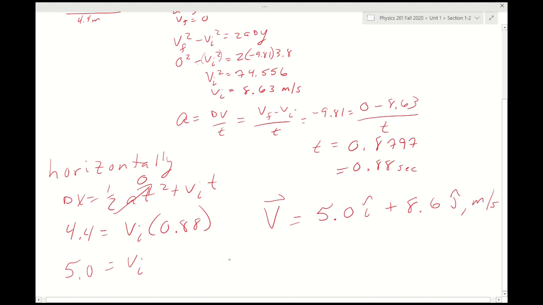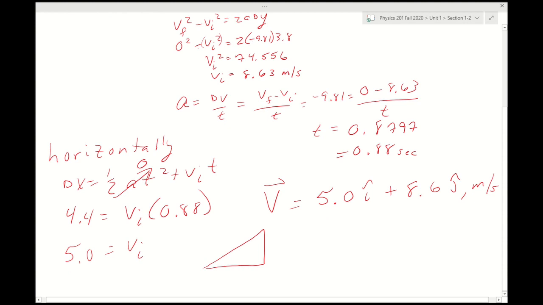In polar form, what I need to do is find my angle and find my hypotenuse, my resultant. This was 5, this is 8.6. That's R. So I use Pythagorean to know that my R is approximately 9.9 meters per second.